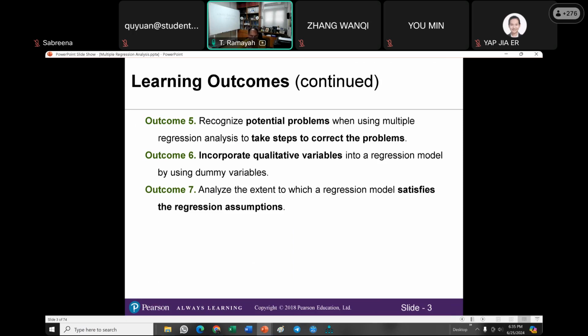There are 7 assumptions that you need to test. Some of them are based on graphical inspection. Some of them have cut-off values. For example, VIF, it must be less than 5. But for constant variance is visual inspection. Those are some of the things we will learn in this topic called multiple regression.